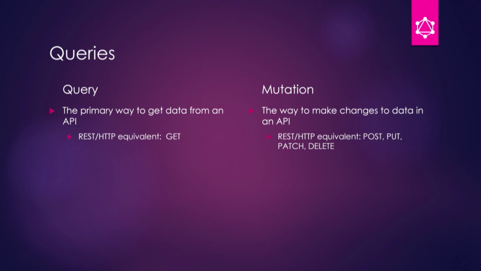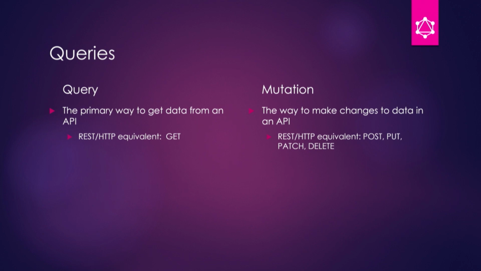On the client side, there are really two different kinds of queries. One of them is just simply called query, and it's the primary way to get data from an API, basically HTTP/REST's version of a GET. We'll see some of how these work in just a little bit.